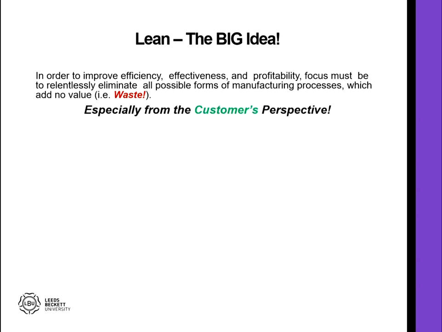The customer's paying for something. He doesn't want to pay for a product going from one factory to another factory. That's not benefiting him. If you spray paint a car, it's coming out a different colour. That's adding value. Or you're adding code to a program, that's adding value. But you've got to find out where the added value is.